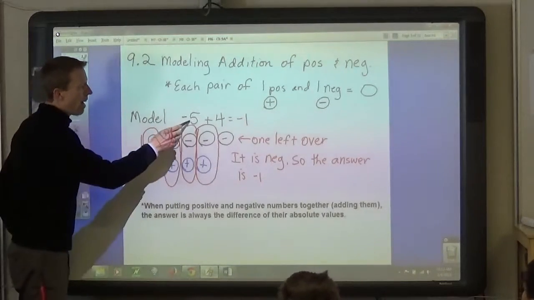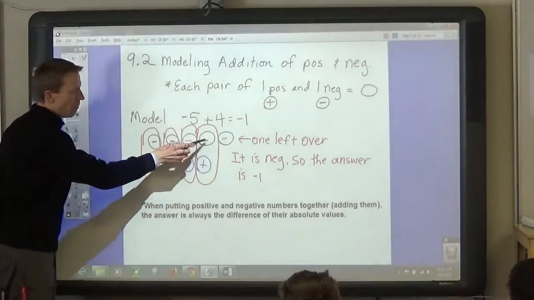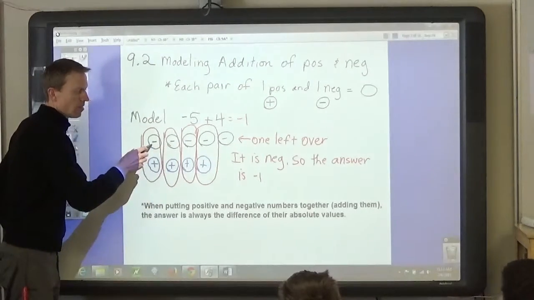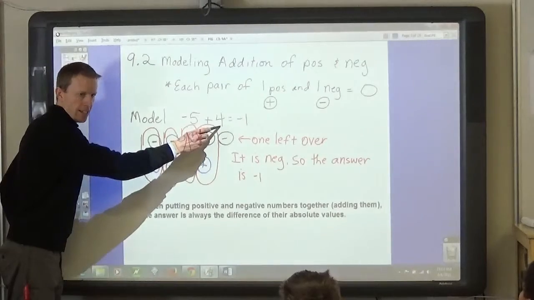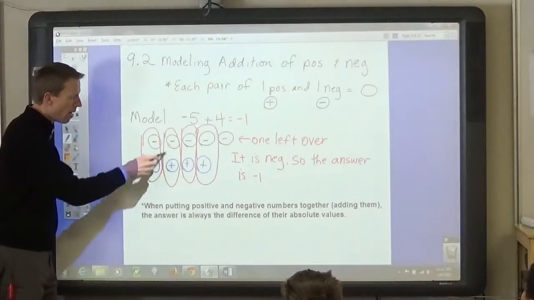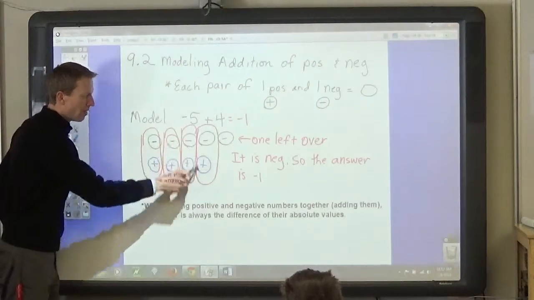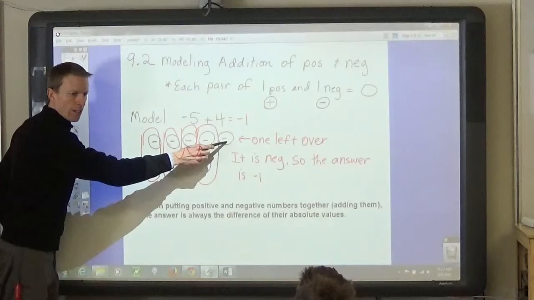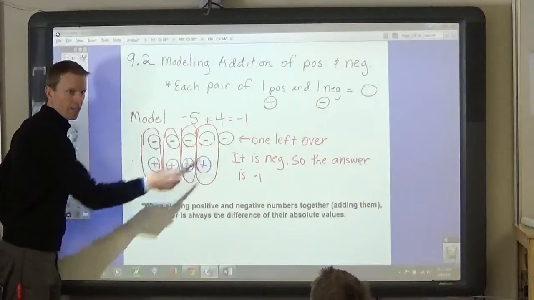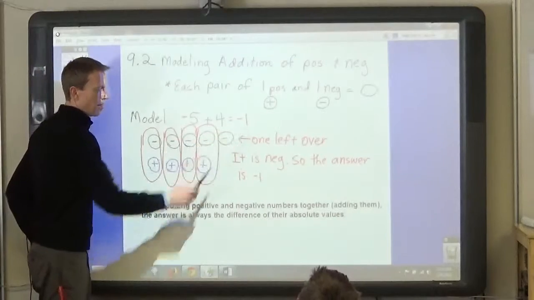So, if we have 5 negatives, 1, 2, 3, 4, 5, and we add 4 positives, 1, 2, 3, 4, and we pair them up, this is 0, this is 0, this is 0, this is 0, and we're left with 1 negative. So the answer is negative 1.